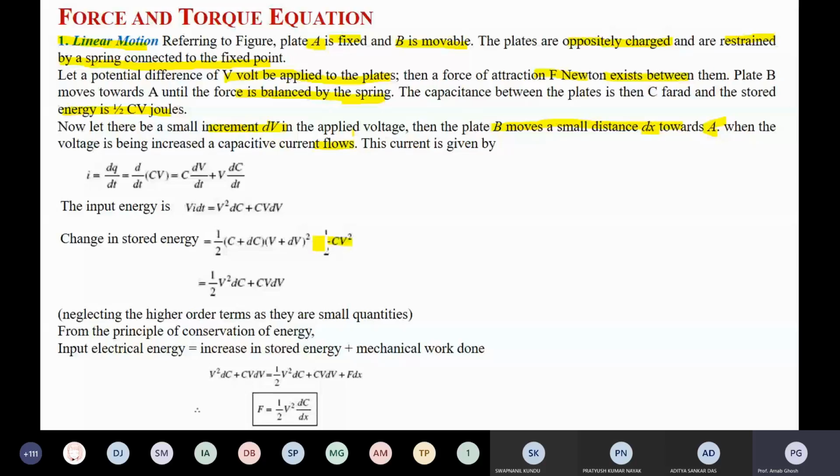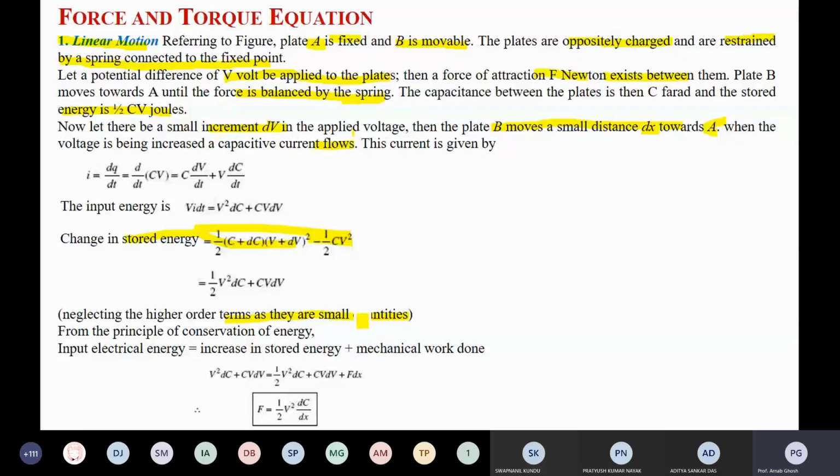Neglecting the higher order terms, only the small quantities are considered. So finally, input electrical energy equals the increase of the stored energy plus mechanical work done. So V square dC plus CV dV equals half V square dC plus CV dV plus F dx.